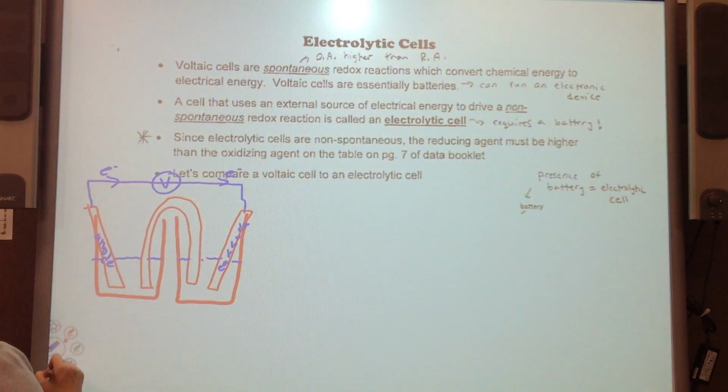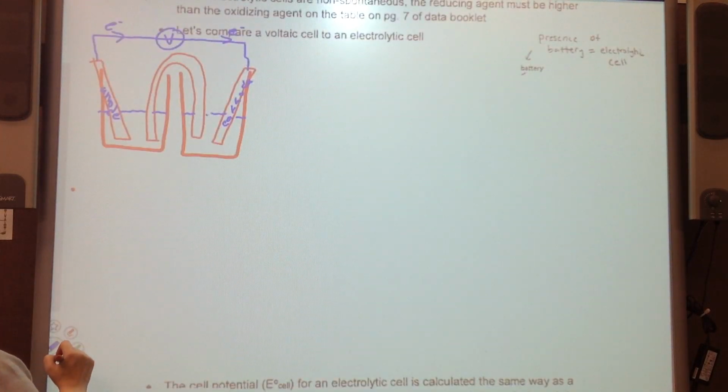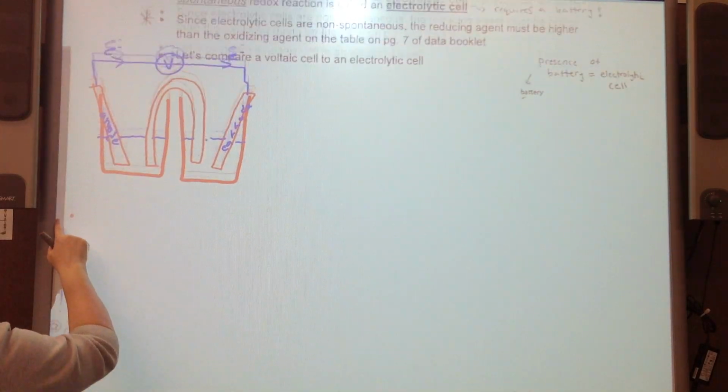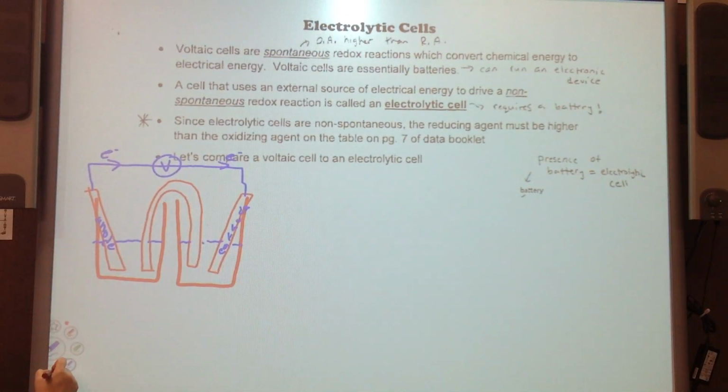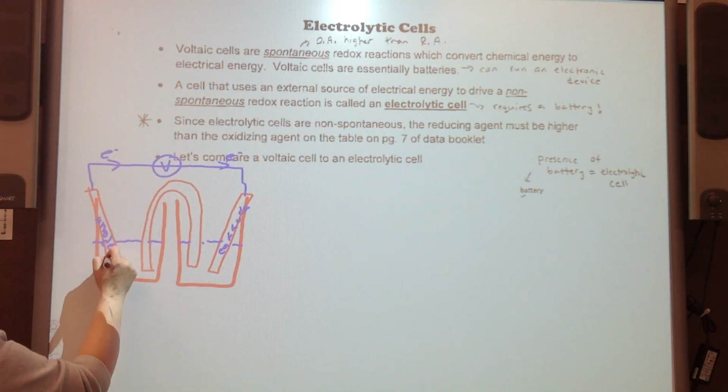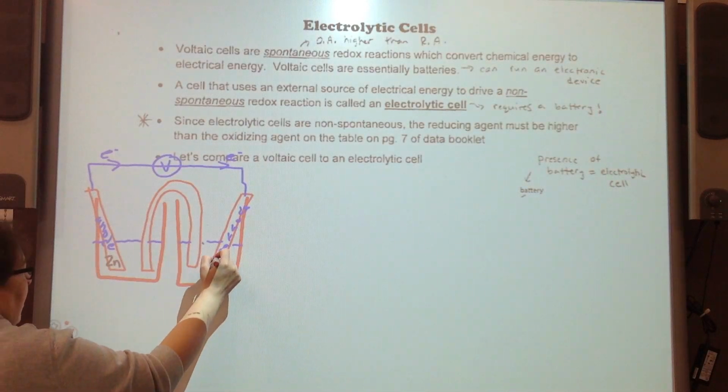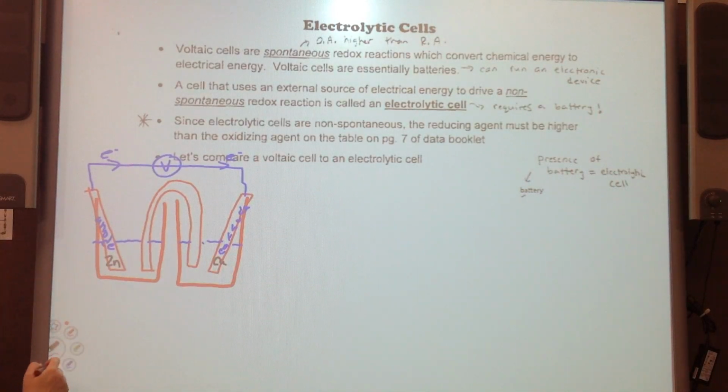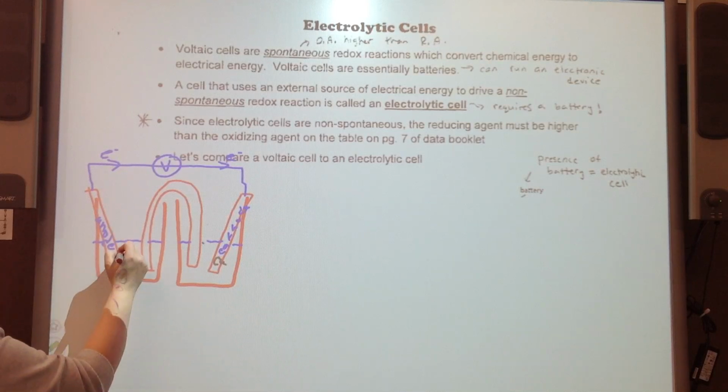Let's be specific and call this zinc and call this copper. So what do we see flowing away from the zinc anode?